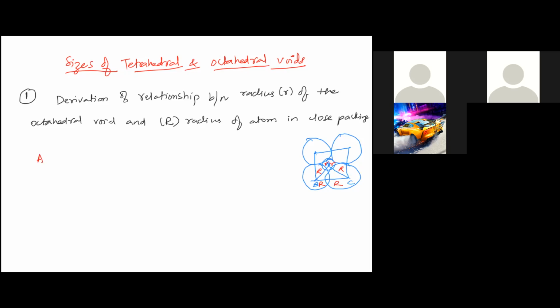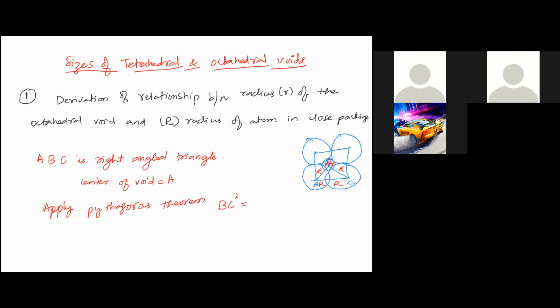You know that ABC is a right-angled triangle. A is the center of the void. So if you apply the Pythagoras theorem, you have a triangle anyways. So your BC square is equal to AB square plus AC square.